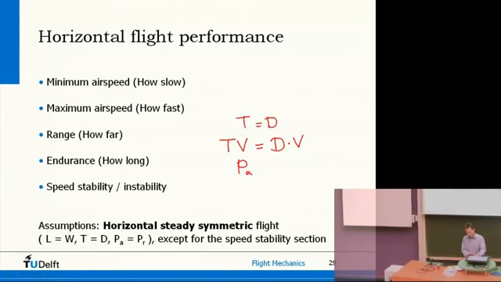So power available, the power you have from the engine to transport yourself, is equal to the power you require to overcome the aerodynamic drag. So that's the same equation basically.